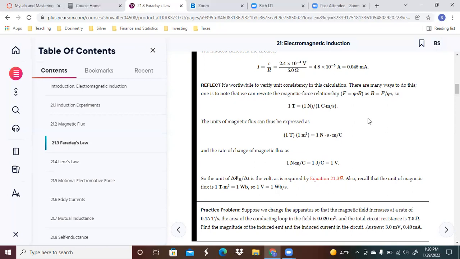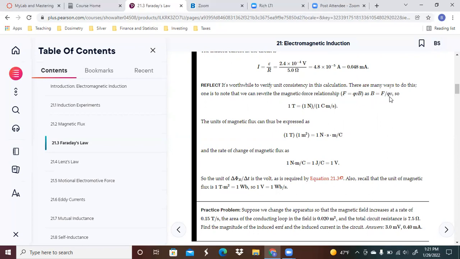Physics is about trying to connect concepts, not only from physics 1, which you might have hoped you could have left behind, but this is actually going to build on that. If you're trying to figure out how the magnetic field and force relate to each other, you can remember that the force is equal to QVB. This is assuming that the velocity and the magnetic field are perpendicular to each other.